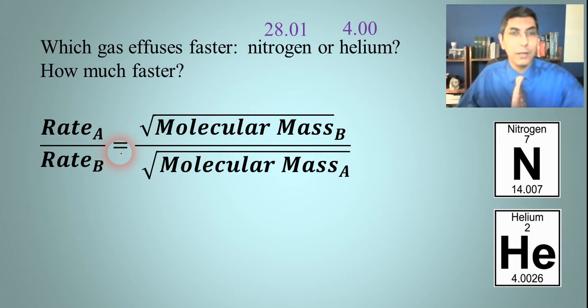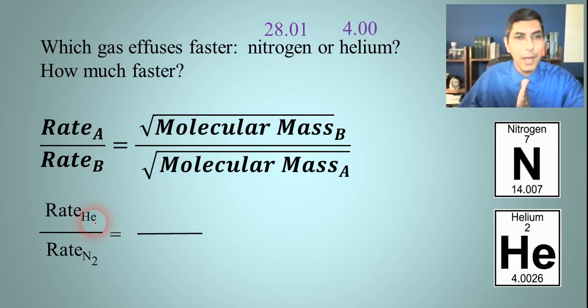I strongly recommend that you use the lighter gas as gas A. Always use the lighter gas as gas A. So helium is going to be our gas A, and nitrogen will be gas B. Helium's mass, 4.00, goes down here under the square root sign, and nitrogen's 28.01 will go up here in the numerator, so the square root of 28.01.